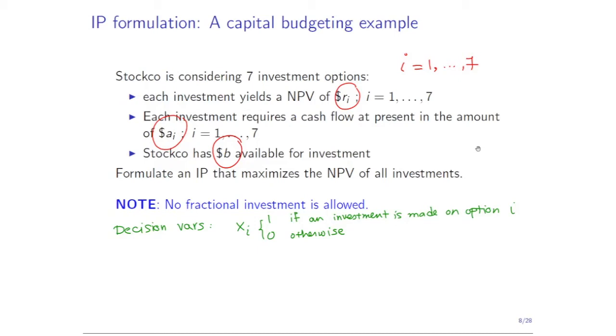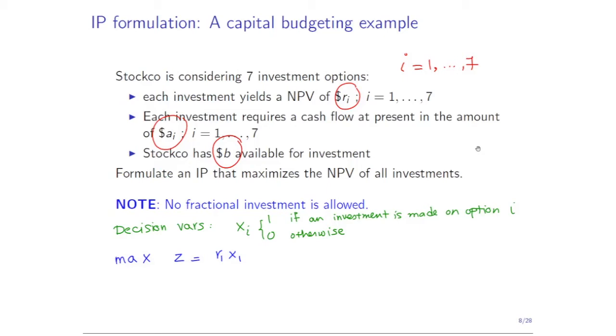Now let's formulate the problem. Of course, I want to maximize my revenue. So how should I represent my revenue based on these decision variables? If I invest in project 1, then I will get revenue R1.